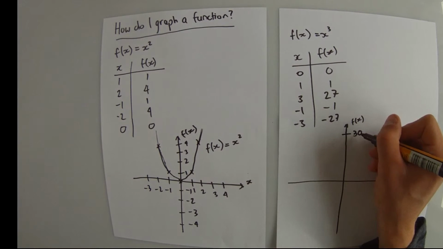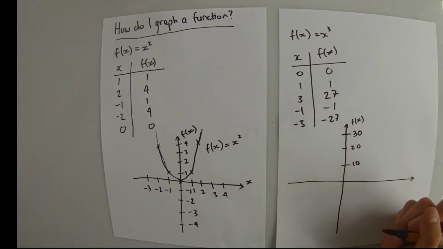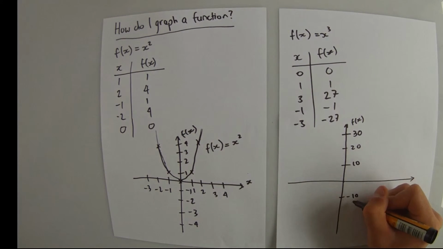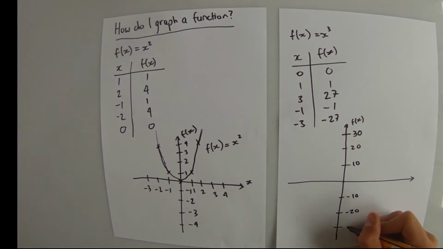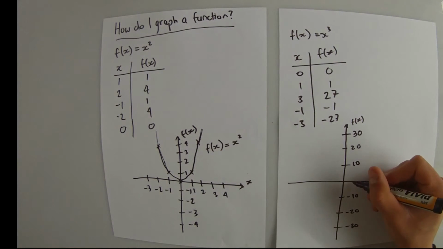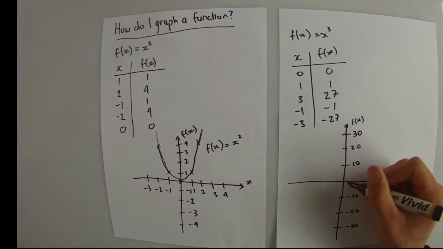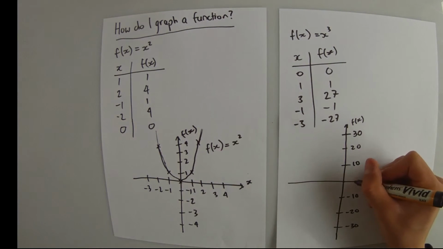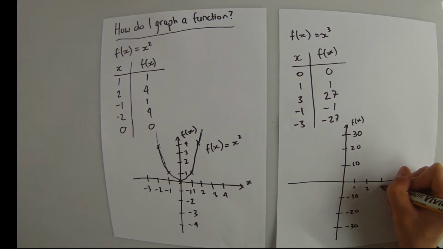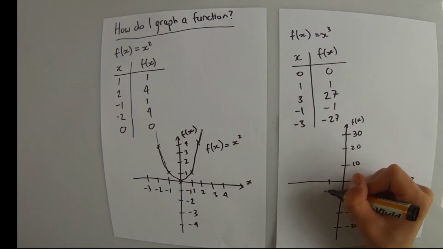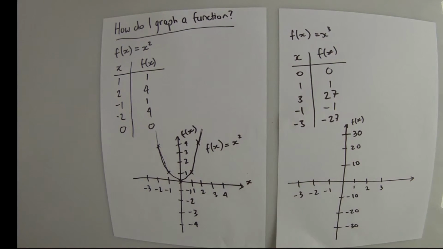So we'll put 30 in there, 20, 10, and that's 0, negative 10, negative 20, negative 30. And we'll still just do our x the same way because otherwise it would be all crammed up in here. So 1, 2, 3, negative 1, negative 2, negative 3.